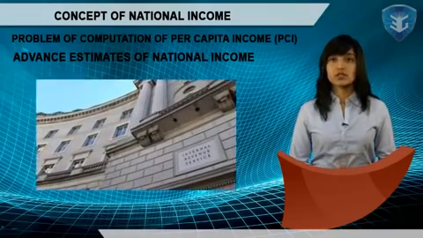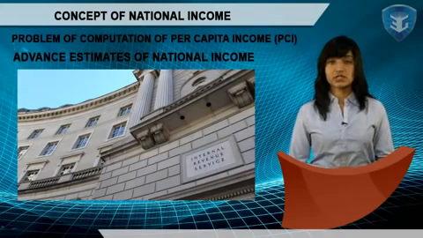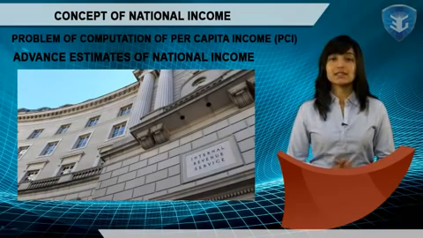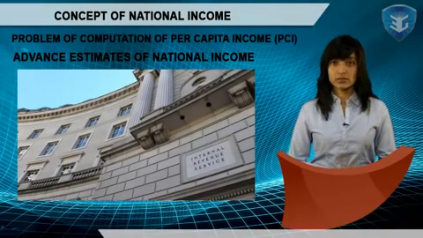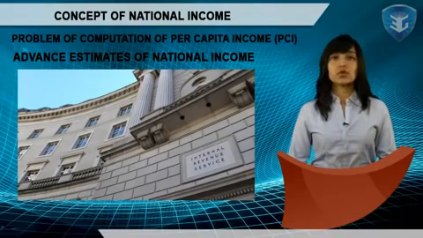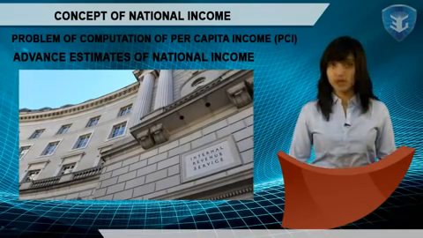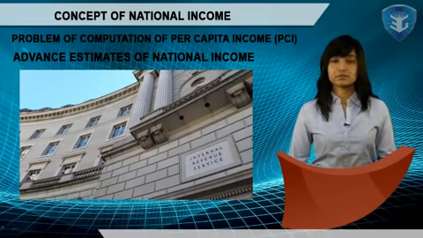Advanced estimates of national income. The Central Statistics Office, CSO, Ministry of Statistics and Programme Implementation, has released the advanced estimates of national income at constant 2004-2005 and current prices for the financial year 2012-2013.